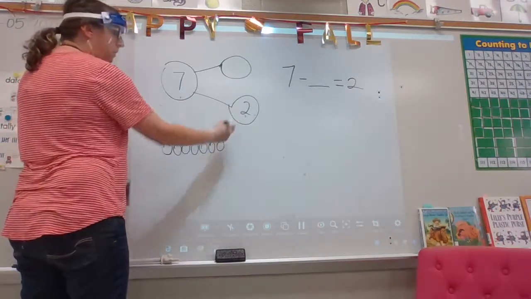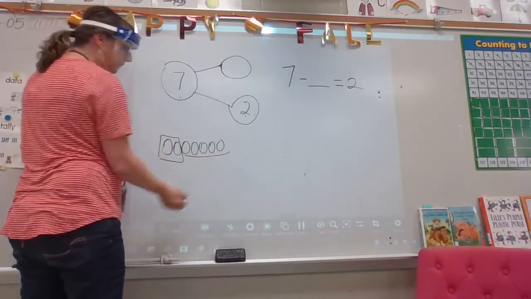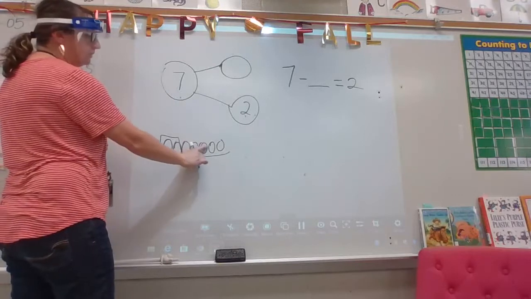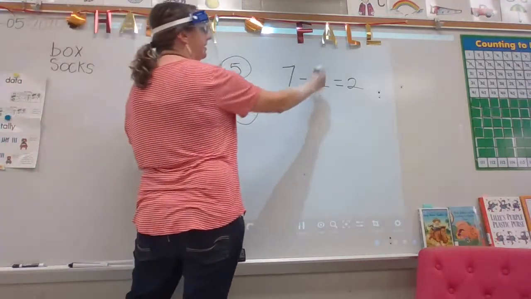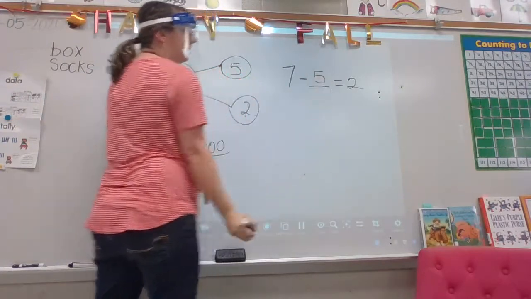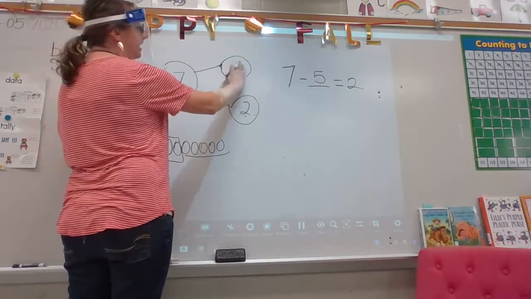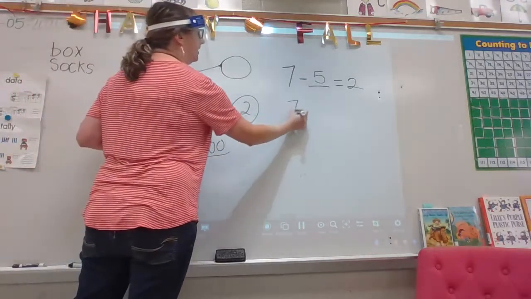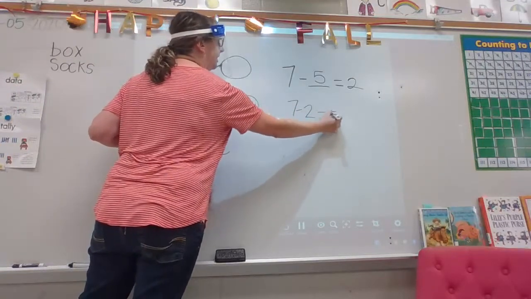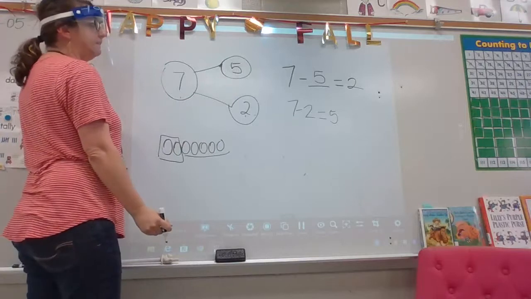I know that one part is 2, so I'm going to block out this 2. That means this is what's left over. 1, 2, 3, 4, 5. So 7 minus 5 equals 2. Or I could have just asked myself, what is 7 minus 2? 7 minus 2 is equal to 5. So your missing part is 5.